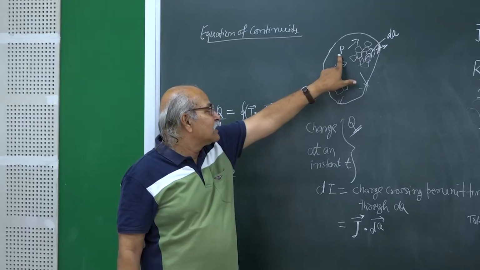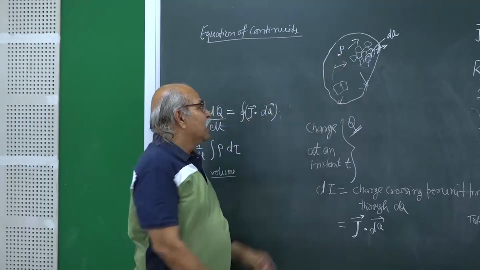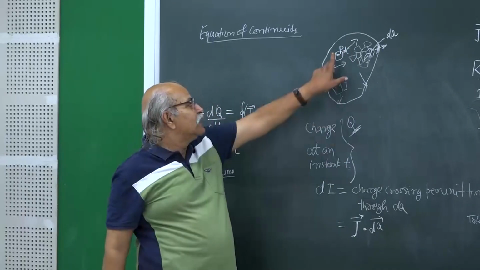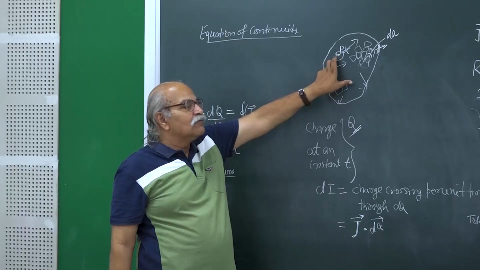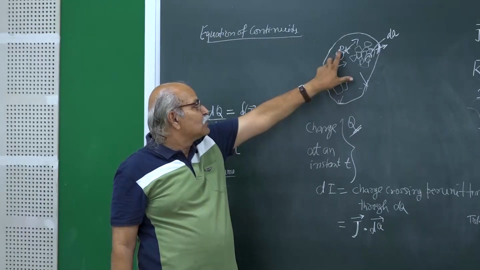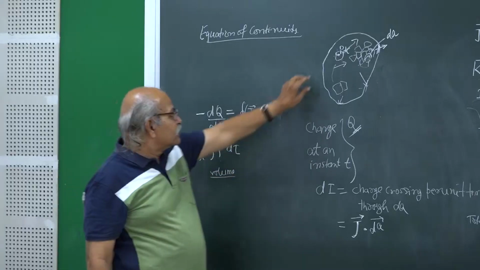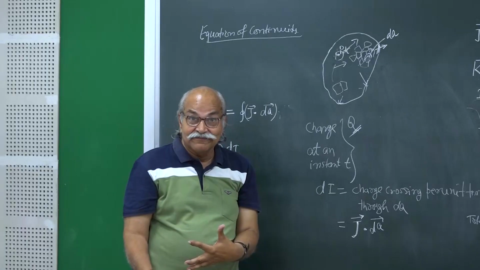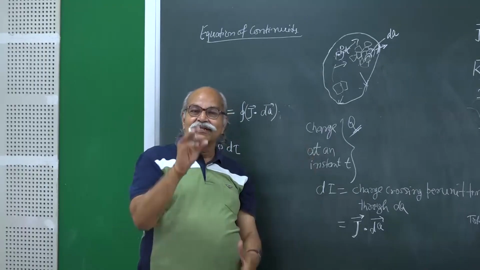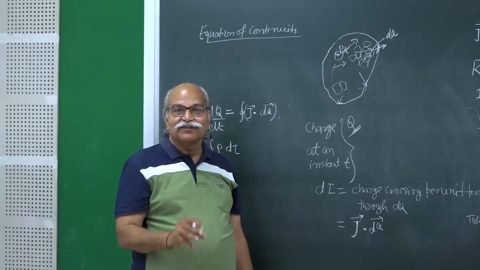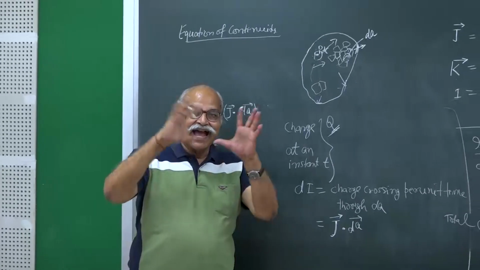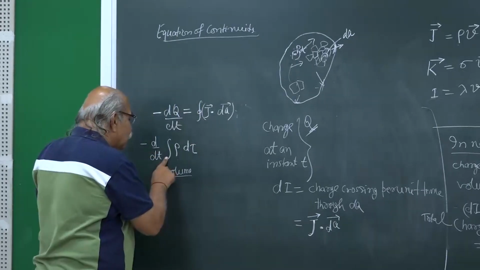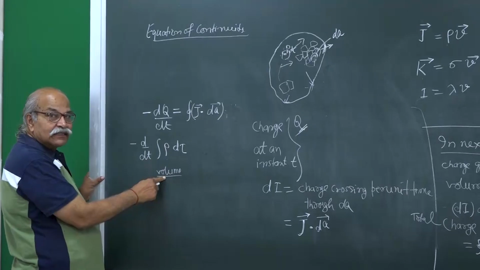At this particular point, if the charge density is rho, and here I make a small volume d tau, then how much charge is in that d tau? It is the charge density times volume, so rho d tau. Similarly, the entire volume is to be taken care of. In this whole volume we take small d tau everywhere and add them together to give that capital Q. So it is rho d tau integrated over the entire volume.